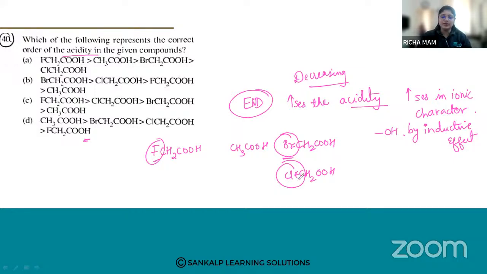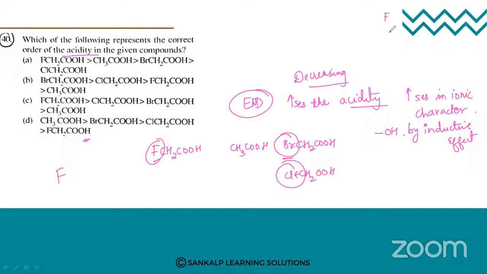So what will happen to the electronegativity? Electronegativity will decrease. Fluorine is the most electronegative element. So as we know, fluorine comes first, then comes chlorine, then bromine, and then iodine.